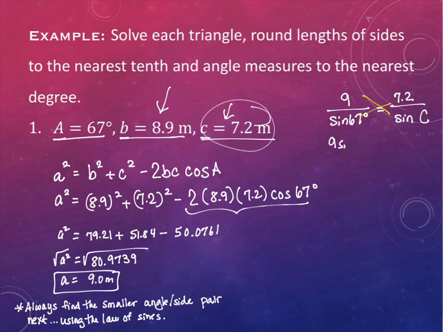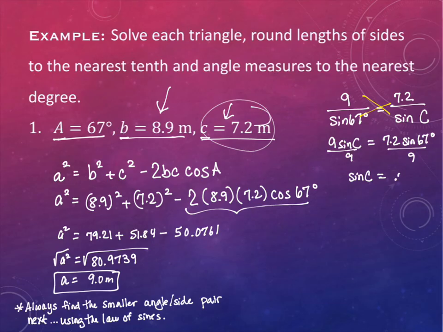So I have 9 sine C equals 7.2 sine of 67, and we'll divide by 9. So the sine of C is equal, and I'll write down several decimals here, to 7.2 sine 67 over 9.